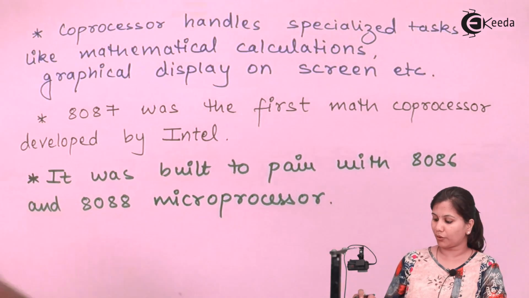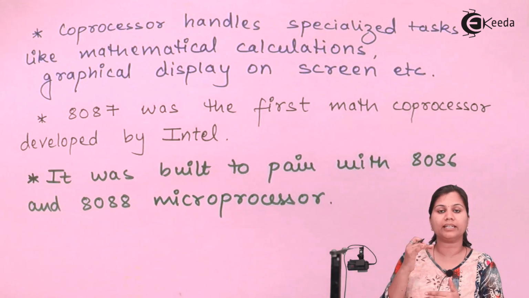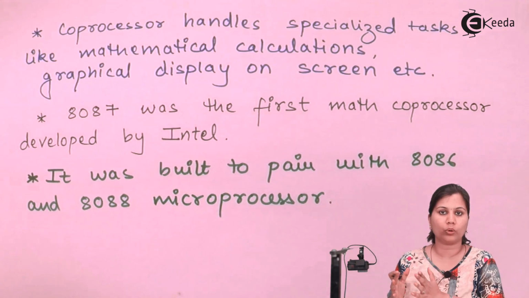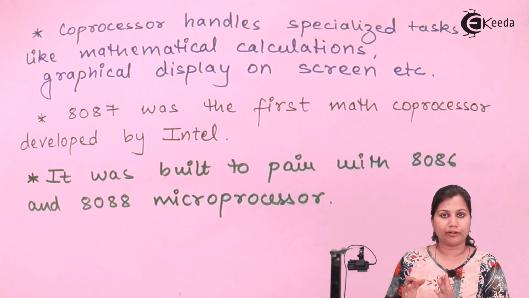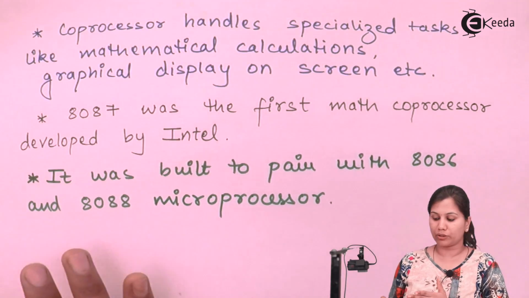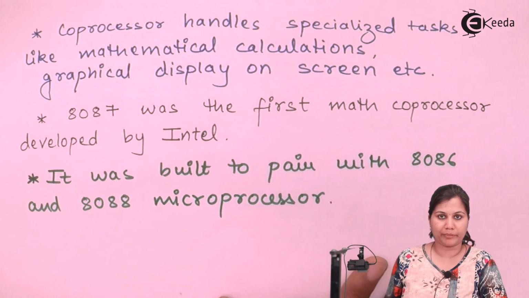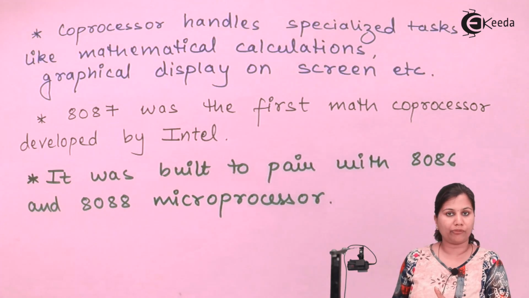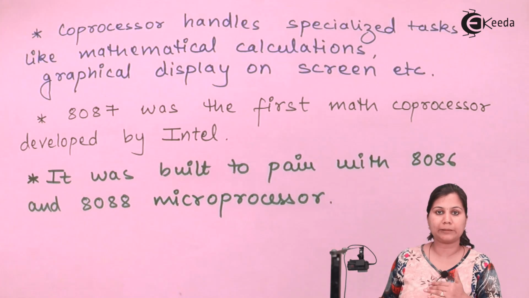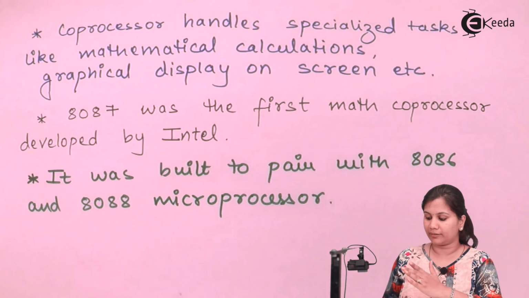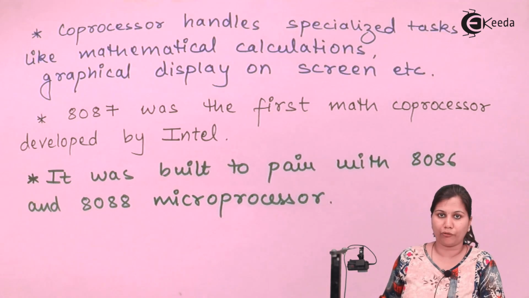Each microprocessor of these families, the 8086 and 8088, has its own coprocessor. So the 8087 is the first coprocessor which was developed to pair with the 8086 and 8088 microprocessors. It is a high performance numeric coprocessor and it performs all the high speed calculations which the 8086 and 8088 microprocessors cannot perform.